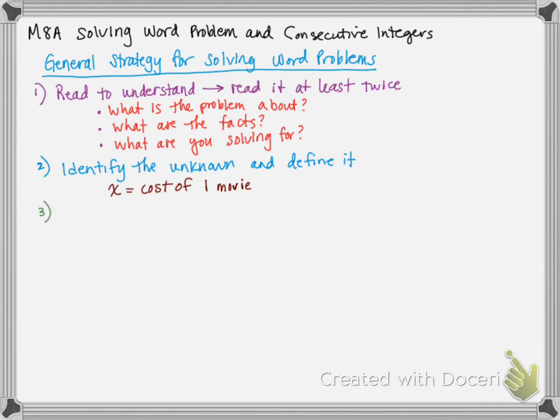Then we're going to get into the equation part. So we're going to translate the words into an equation. Okay, so that means I'm going to see numbers, I'm going to see variables, could be more than one.